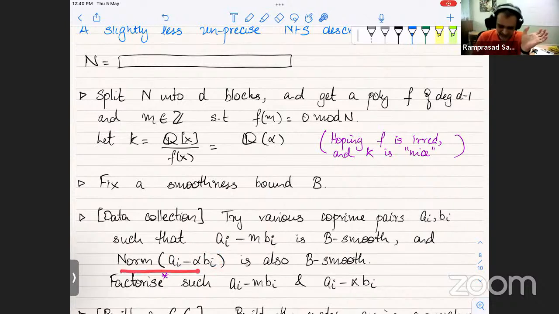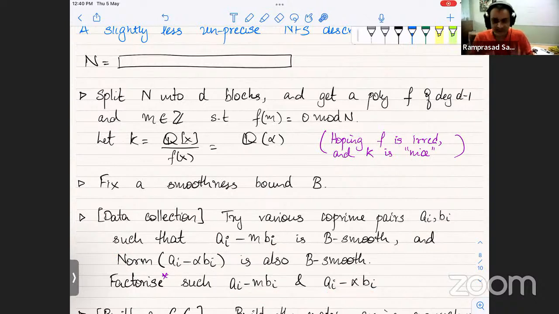Now I'm just going to say I want the norm to be B-smooth, because in order to factorize this, I just need to know the prime factors of the norm, and that's why I'm doing this filtering. So try to find pairs a_i, b_i such that this is B-smooth and this is B-smooth.